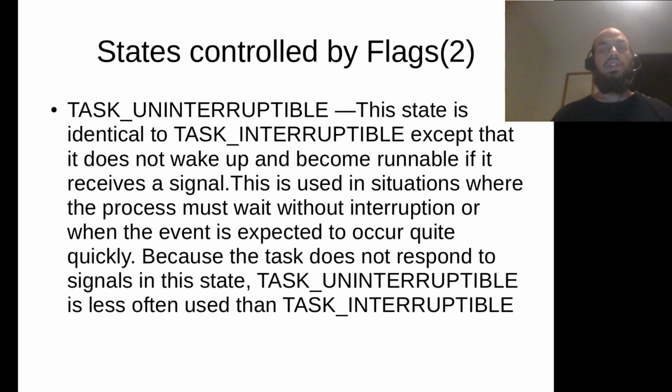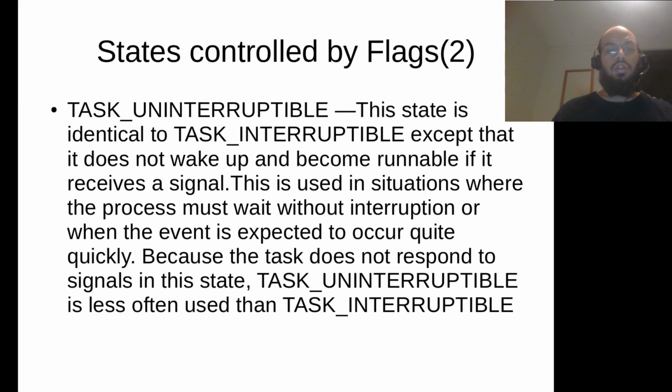This is used in situations where the process must wait without interruption. Again, it's very program specific, or used when the event is expected to occur quite quickly. You expect this event to happen in a flash, so you put it as TASK_UNINTERRUPTIBLE.